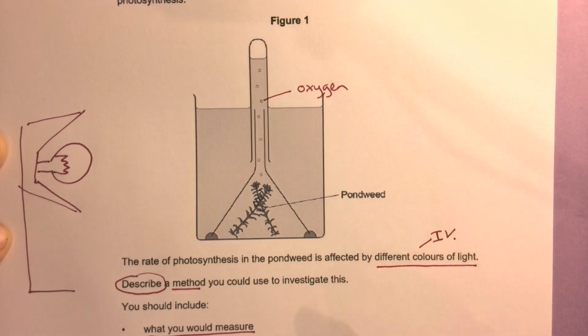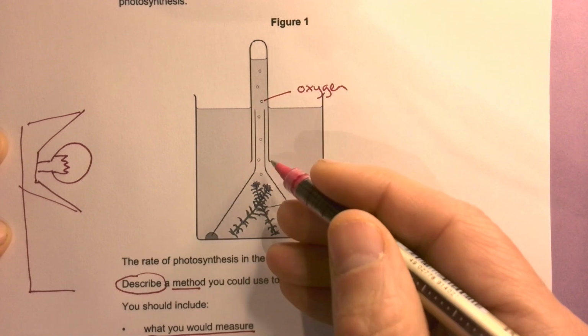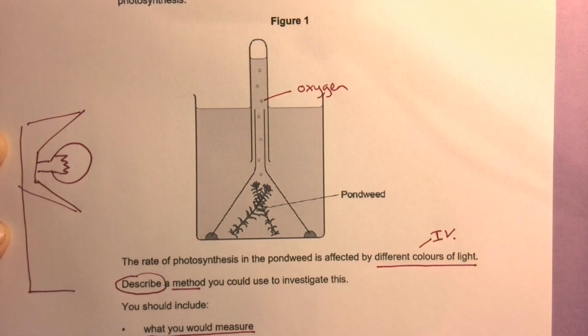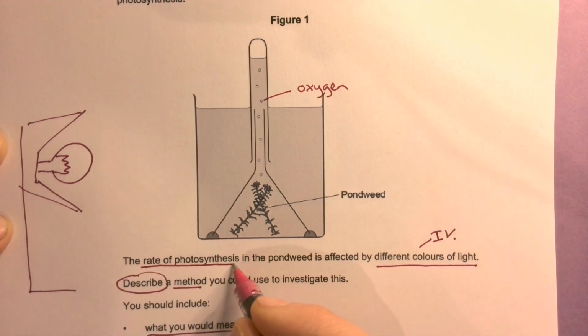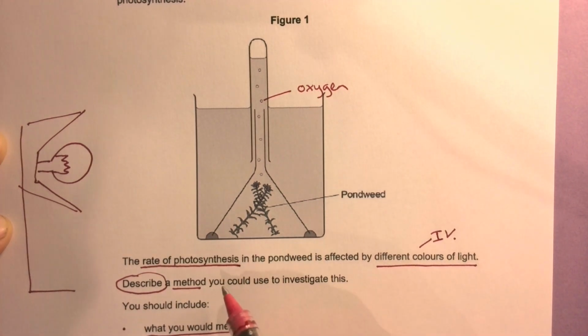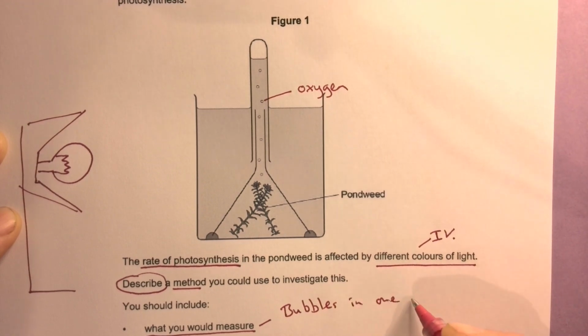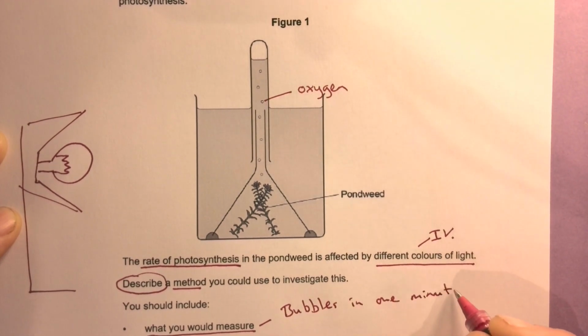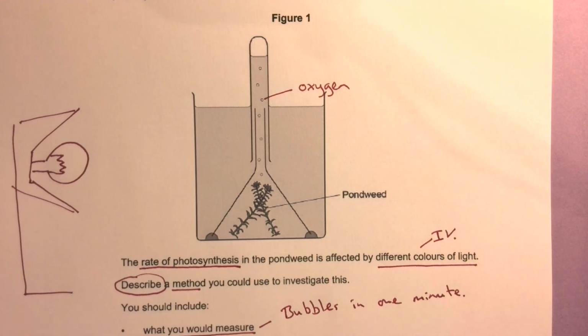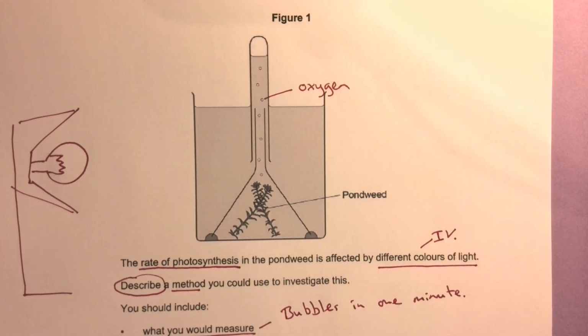How am I going to measure to see how the rate of photosynthesis is affected? Well, the easiest way of measuring that is by measuring the number of bubbles. So bubbles in, I don't know, 1 minute, say. The more bubbles that are given off, the more photosynthesis is happening.